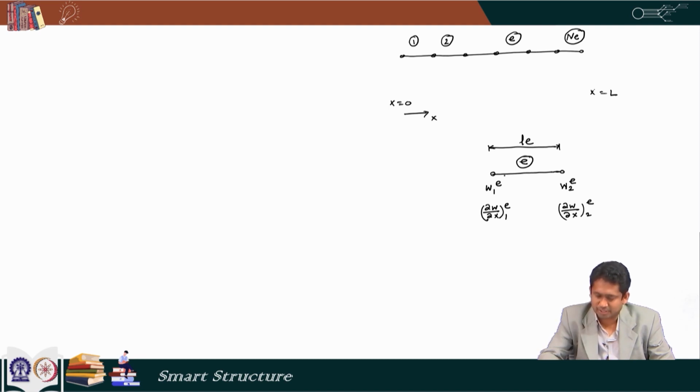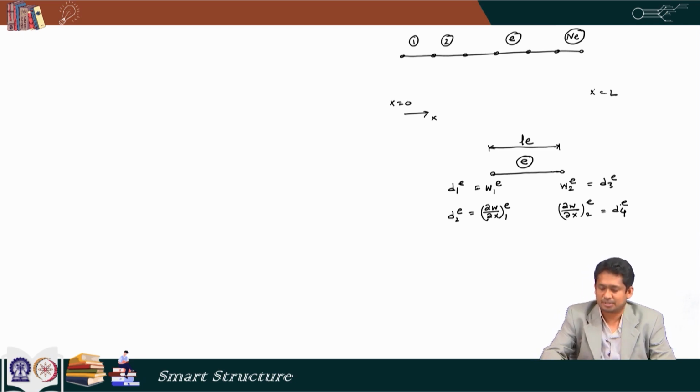And these values that we are defining here at the nodes are called the degrees of freedom. So, this is our first degree of freedom at element number E, this we call the second degree of freedom, this we call the third degree of freedom, and this we call the fourth degree of freedom.